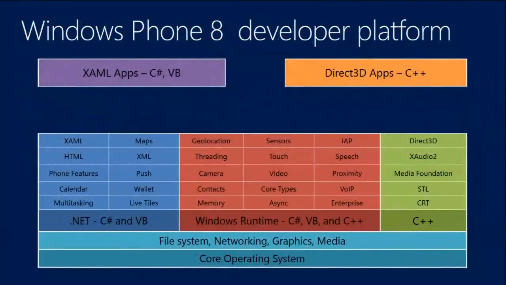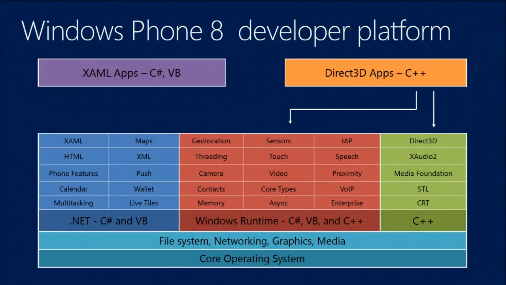So what have we got when we've installed that? Well, this is a view of our developer platform for Windows Phone. As you know, we can build XAML apps, and they can reference APIs in the blue area on the left, the .NET APIs, and of course the Windows Runtime in the middle, the red area. We also support native development on Windows Phone 8, mainly used for gaming, Direct 3D apps.